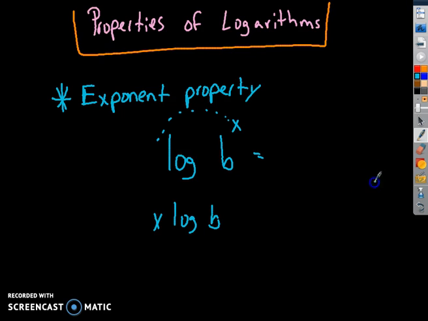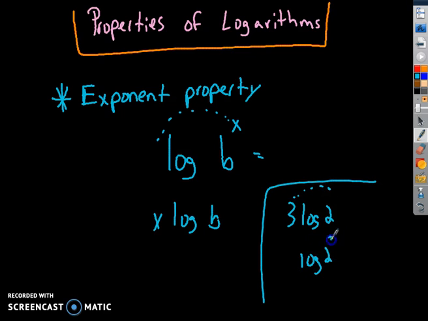If I gave you 3 log of 2, well, my exponent property says this 3 has the right to come up and become log of 2 to the 3rd, or log 8. So I could take 3 log 2 and call it log 8. They're equivalent. So that's what the exponent property allows us to do: either come down or go backwards and come back up and become an exponent. One of the two.